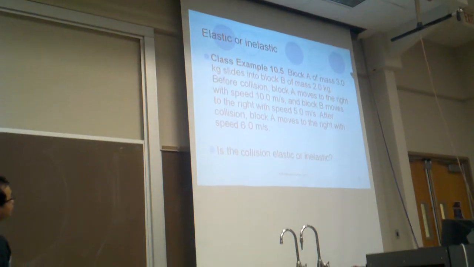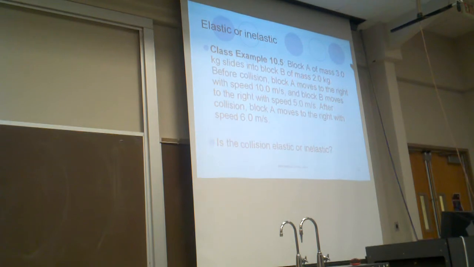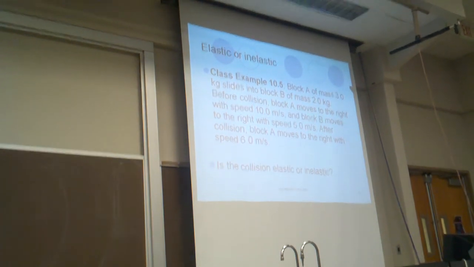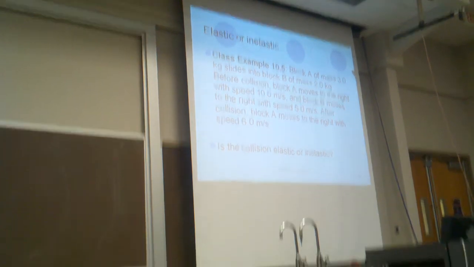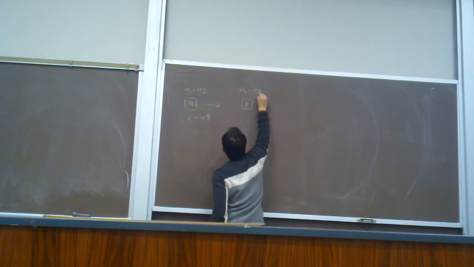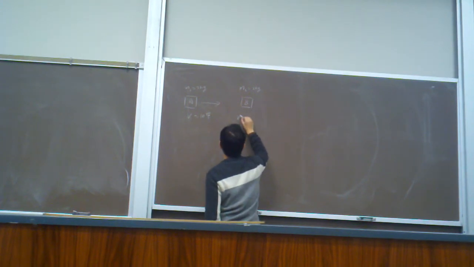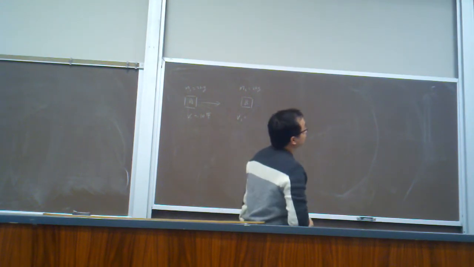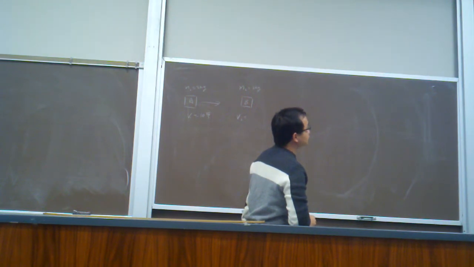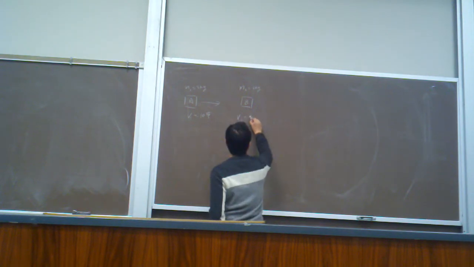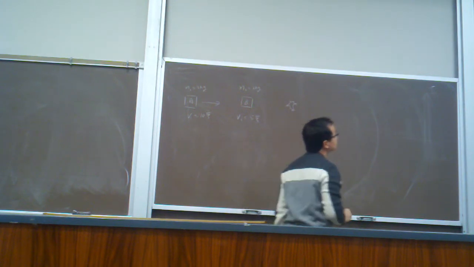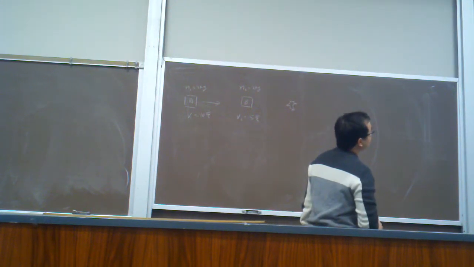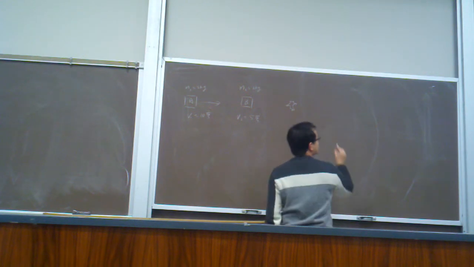Before the collision, A moves to the right with a speed of 10 meters per second, and block B moves to the right with a speed of 5 meters per second. After the collision, block A moves to the right with a speed of 6 meters per second.